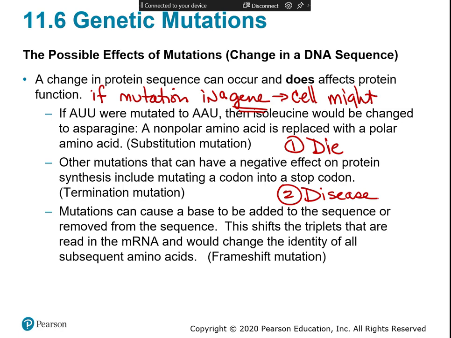So remember PKU? I mentioned that in the last chapter, the baby where they do a heel stick and test to see if you have this enzyme. If you don't have that enzyme, that's because there was some kind of mutation in that gene. Now you don't make that enzyme, so we have to give you a special diet so that you have normal neurological development.